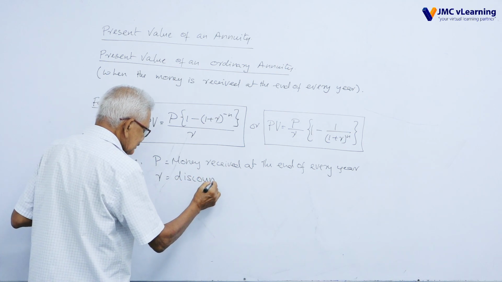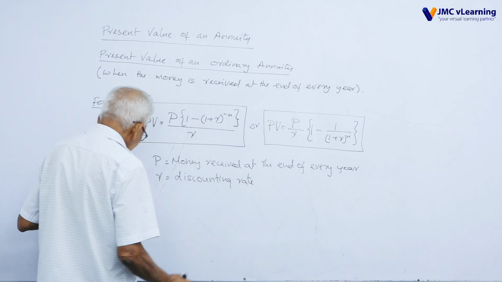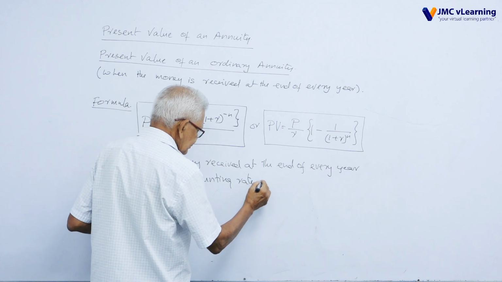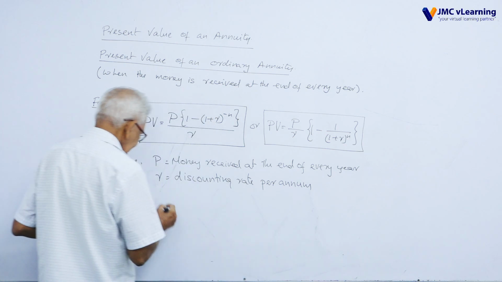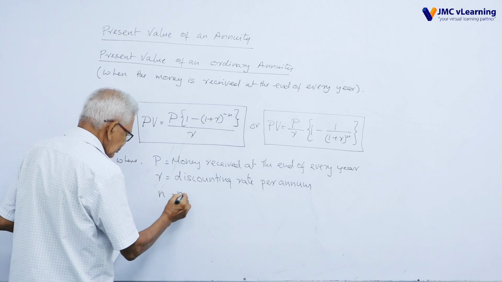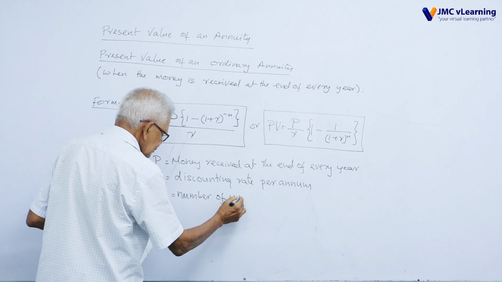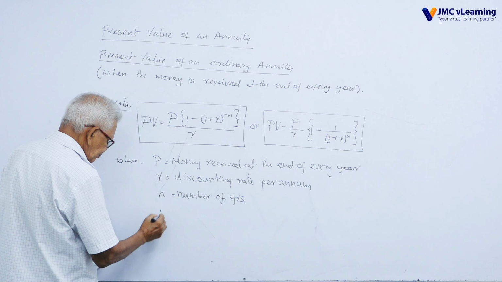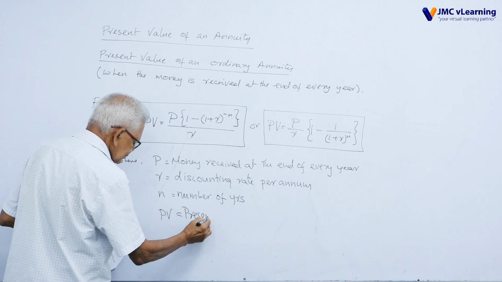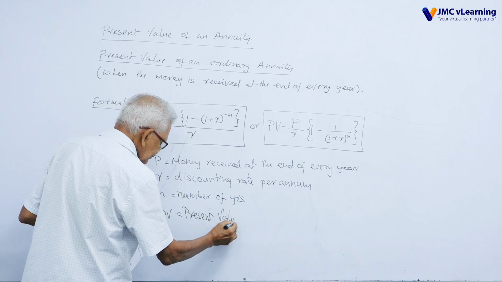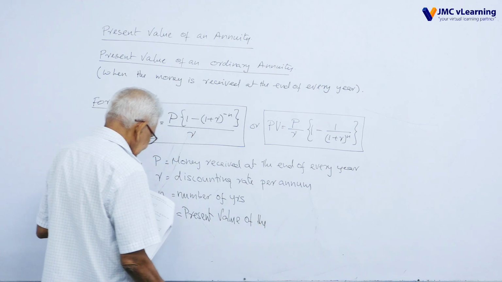In present value it is the discounting rate, discounting rate per annum. N equal number of years. PV equal present value of the annuity.